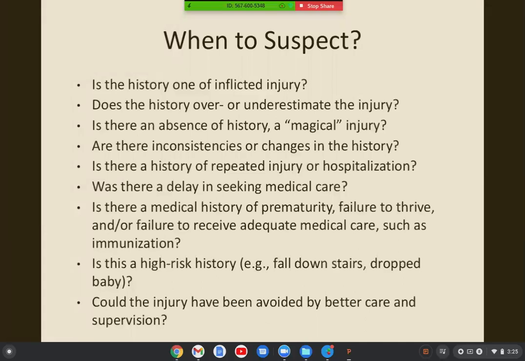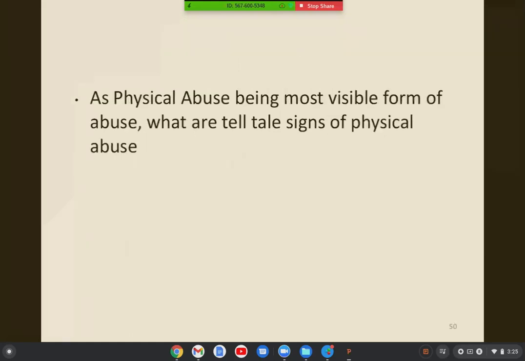If that thought also comes to your mind, think about child abuse and negligence on the part of the parent.